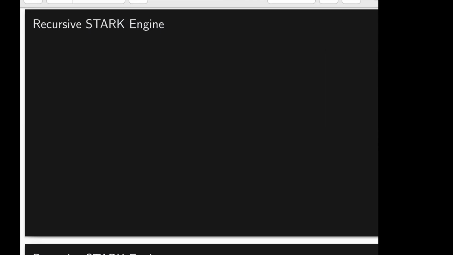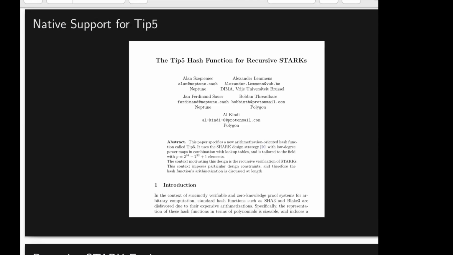How fast is it compared to Poseidon, Poseidon 2, and others? It's about 9 times faster than Poseidon. It was not benchmarked against Poseidon 2. It's on par with Keccak, but it is slower than Blake because, well, Blake is the fastest.